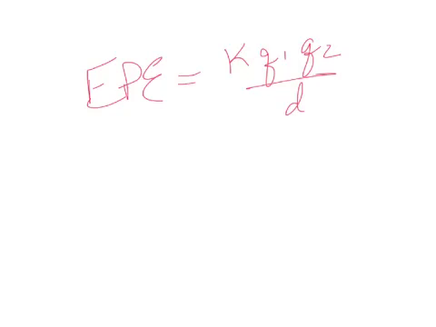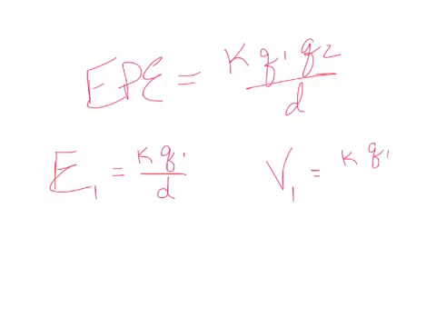However, when we were looking at the electric field, or when we were looking at the voltage, you notice I said that was the electric field 1, or voltage 1, and the reason was because in our equation I said that is caused by charge 1 at a distance away from that charge, or the voltage was caused by charge 1 at a distance away from it.